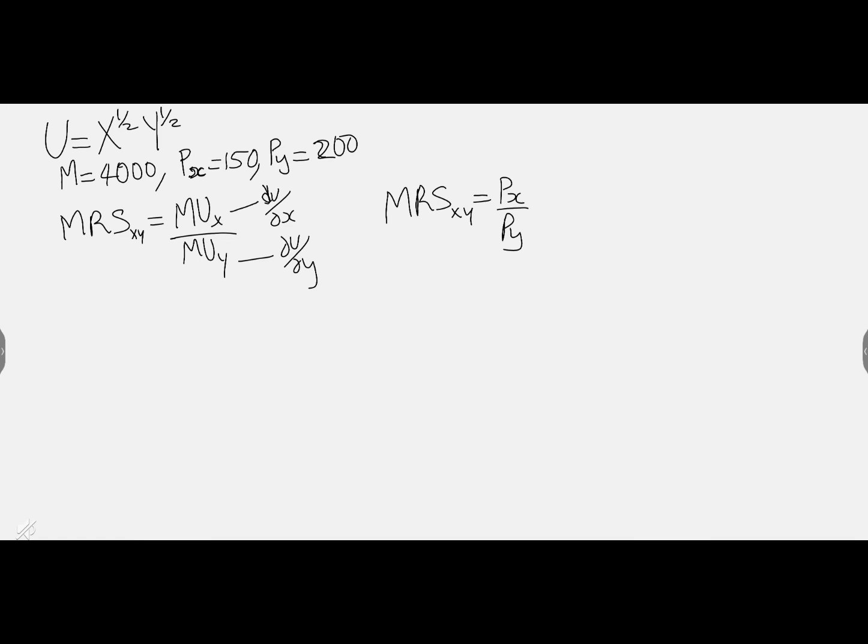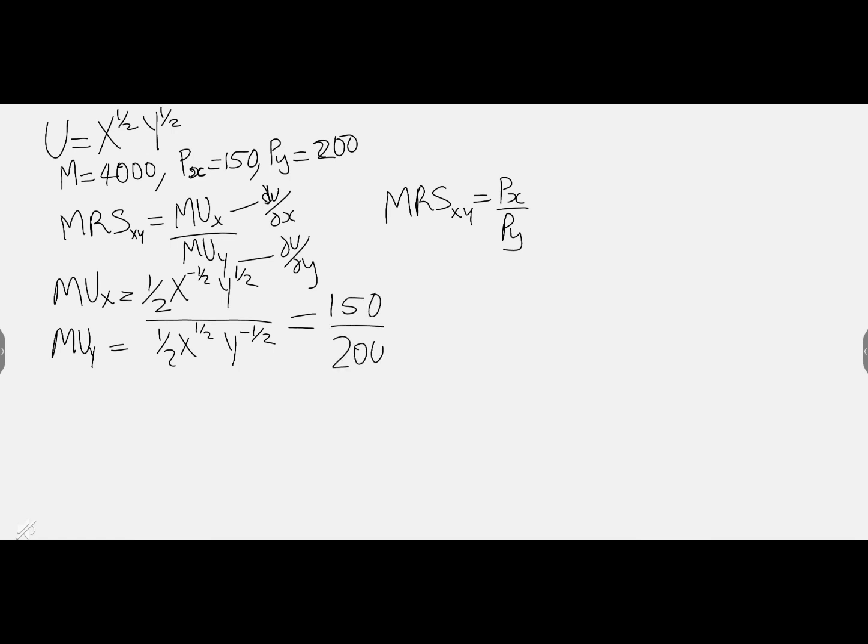So MUX, dU/dX, would be half raised to power half times X raised to power minus half, Y raised to power half, then divided by MUY, which is half X raised to power half, Y raised to power minus half. Then you equate it to PX over PY. PX is 150 over PY, which is 200.